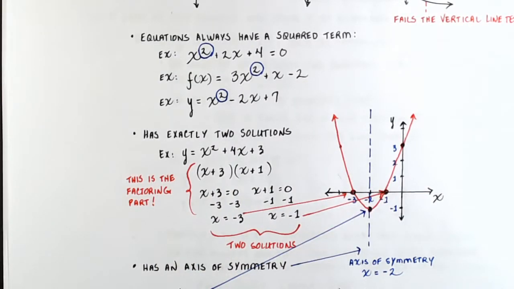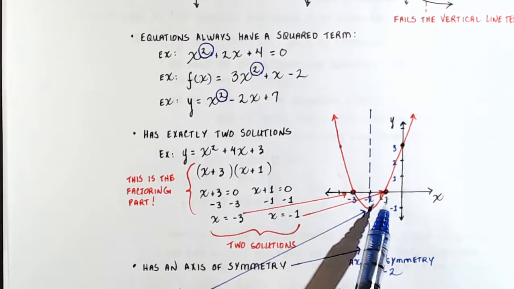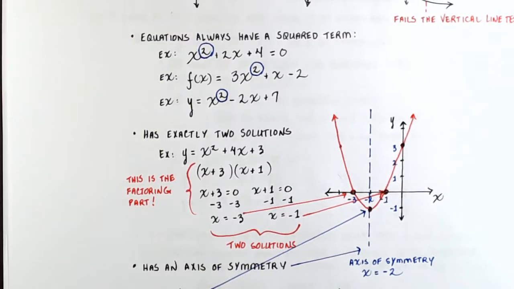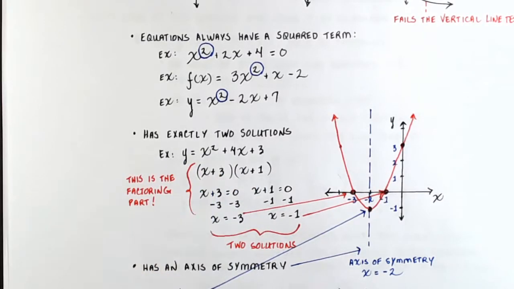Now, it doesn't always have to cross the x-axis, but when you do get these x values like this, that's where it crosses the x-axis. Those are the solutions to the quadratic equation. So we take a quadratic equation and we factor it. We set those factors equal to 0, and then we solve for x or whatever letter it is. Okay?